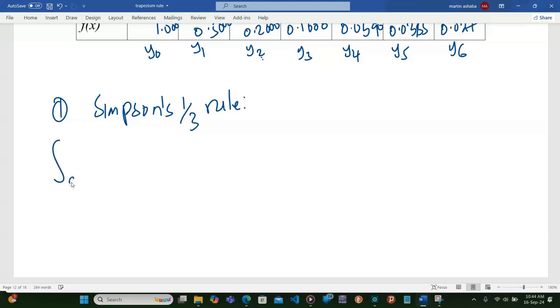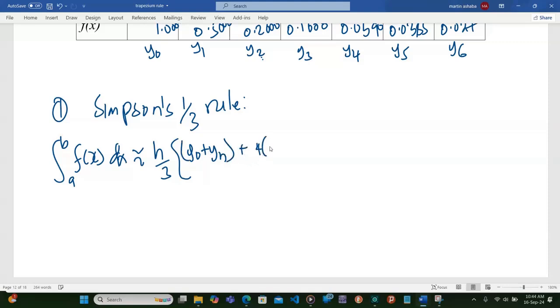It means the integral from a to b of f of x with respect to x approximates to h over 3 times (y0 plus yn), then I add 4 times (y1 plus y3 plus y5), then I'll add 2 times (y2 plus y4), plus y6.